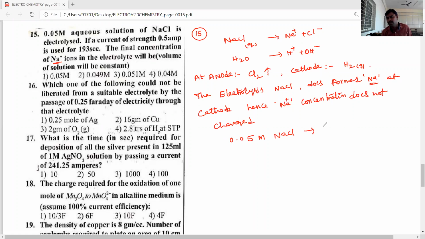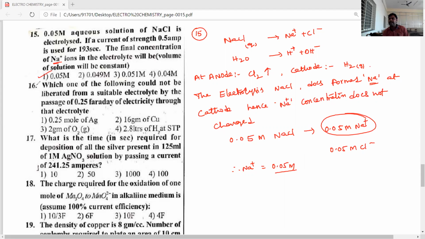What is the concentration of Na plus ions? 1 mole of NaCl gives 1 mole of Na plus, so 0.05 molar Na plus ions and 0.05 molar Cl minus ions are present. Therefore, the Na plus ions concentration is 0.05 molar only. It does not change. So the answer is the first one.